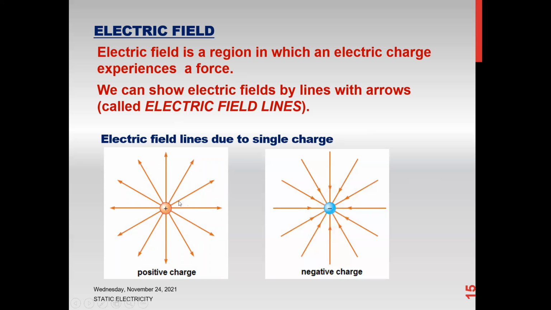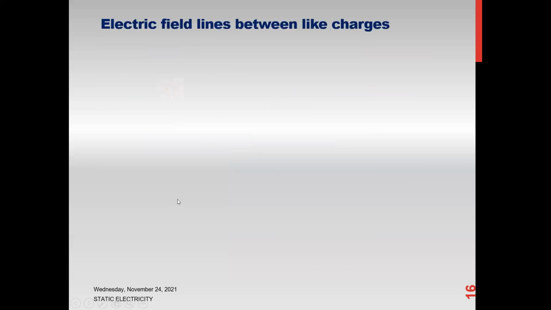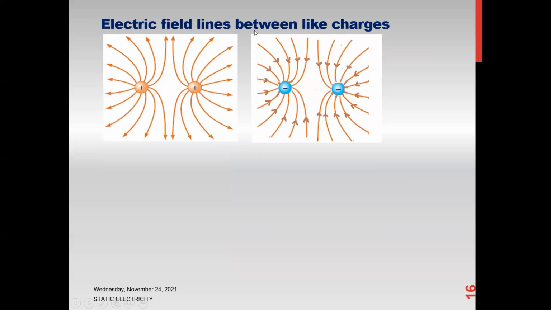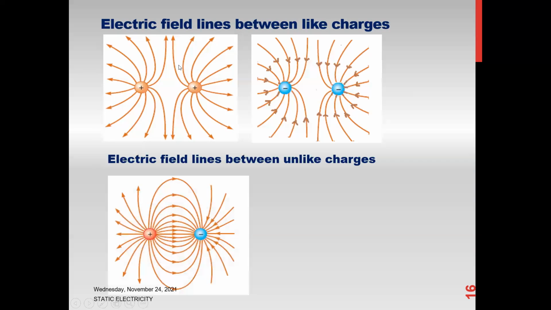For a field line due to a negative charge, you draw the arrow inward. And if you have two like charges, as they repel, between them there are no field lines. What does it mean? If there are no field lines, it means there is no force. Like charges placed in this region don't experience any force because there are no field lines, as the two charges try to cancel out each other.